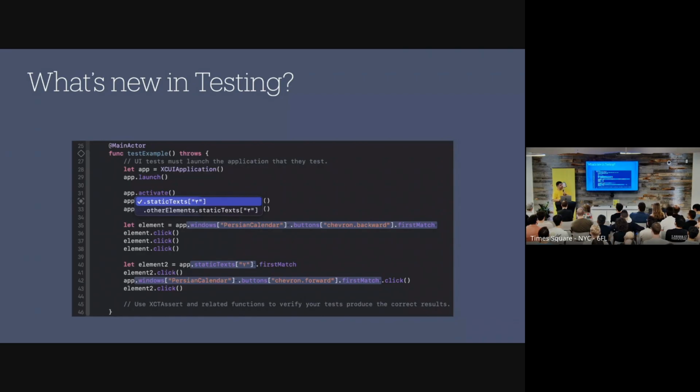So don't do that. Add your accessibility identifiers. That's the recommended way to write this. But this is super cool, because now you have a starting point. This works with text inputs, verifications, everything. So it's a really great tool to encourage people to love writing UI tests.